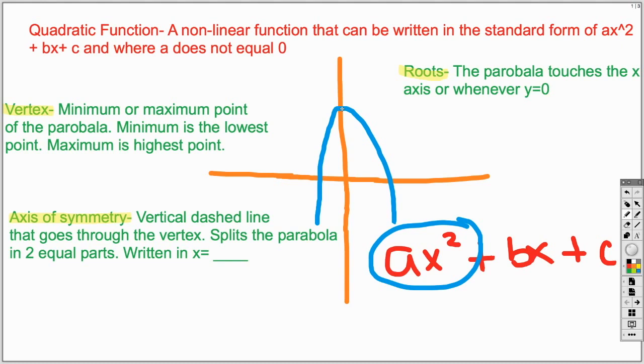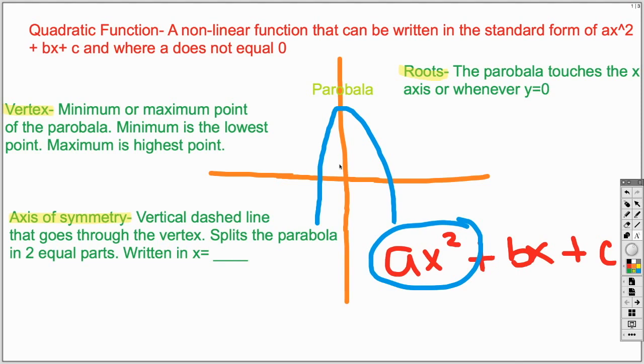Now that we have covered that, we're going to touch on 3 key words that are going to be dominant throughout the video. First is vertex. The vertex is a minimum or maximum point of the parabola. This is a parabola, our U-shaped thing. A minimum is the lowest point of the parabola, and a maximum is the highest point.